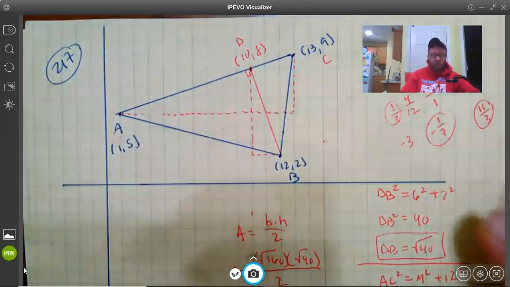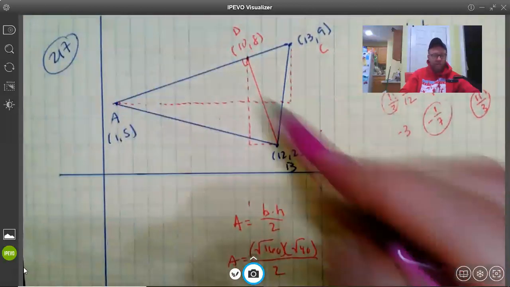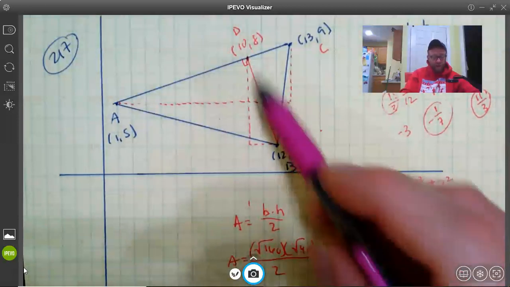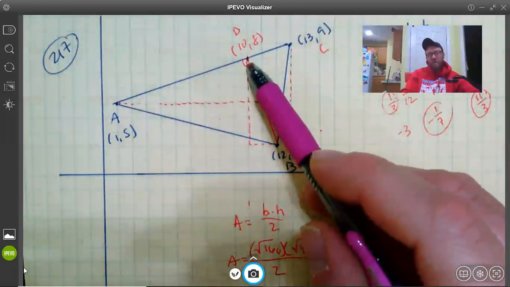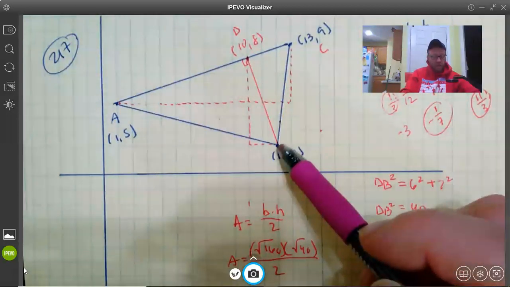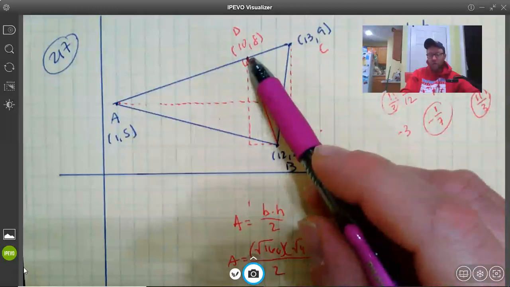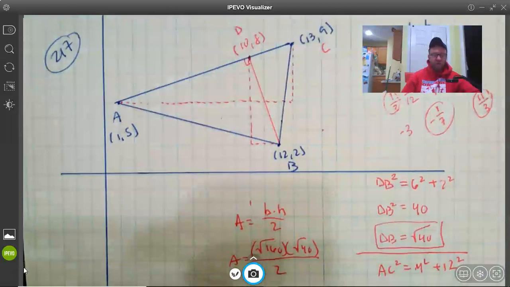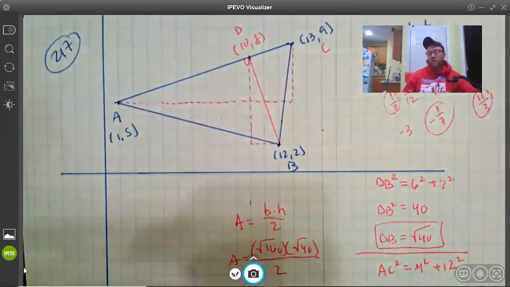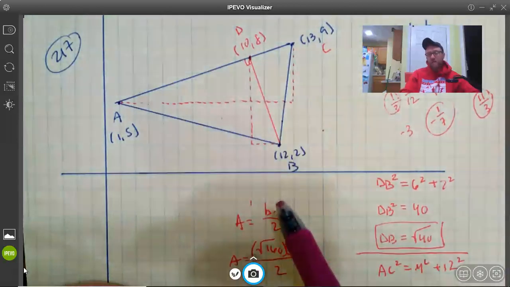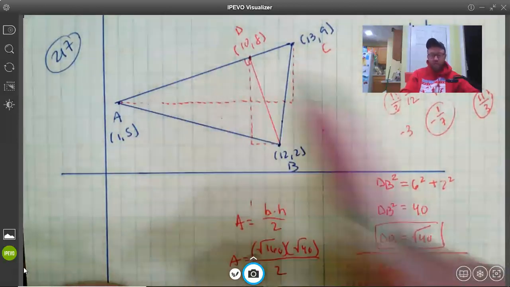But I did some poking around, and I found that since I have to find the height of the triangle, it would be nice if the point where the altitude intersects the base is whole number coordinates. That would be nice. So I kind of poked around a bit to see if that happens with any of the three altitudes, and it happened with this one.